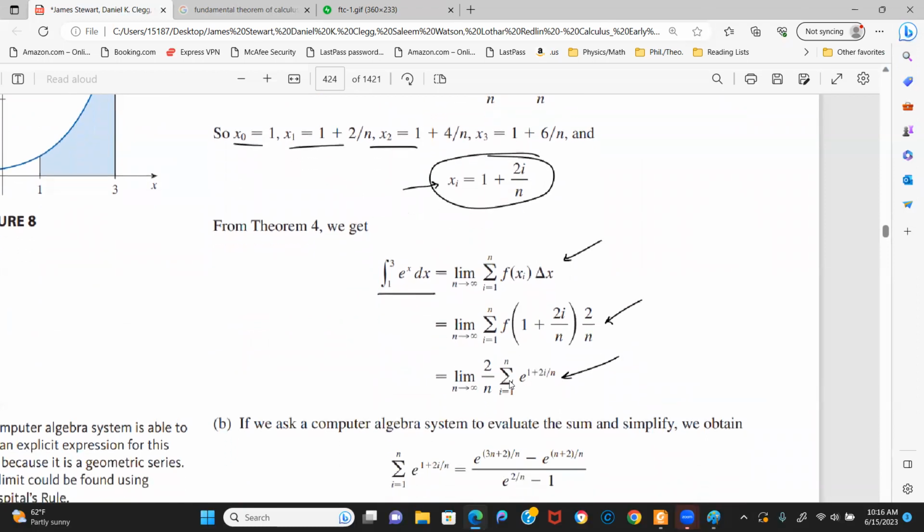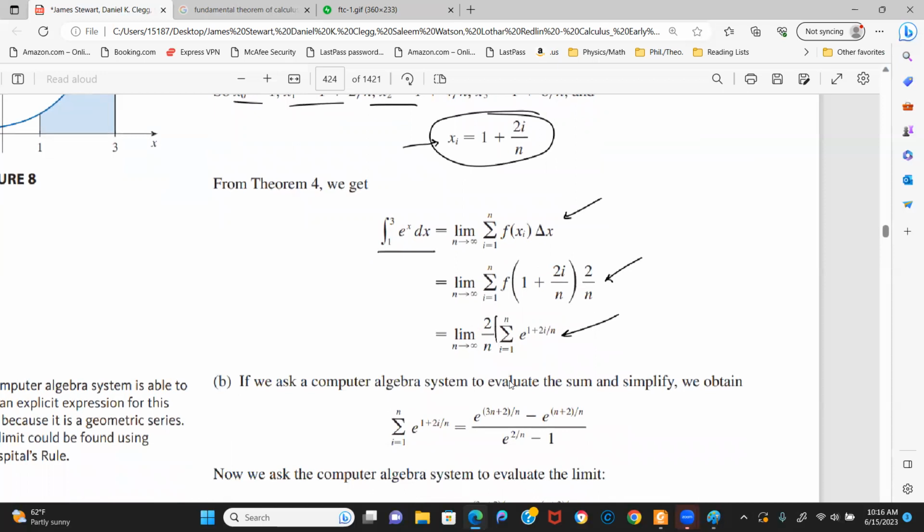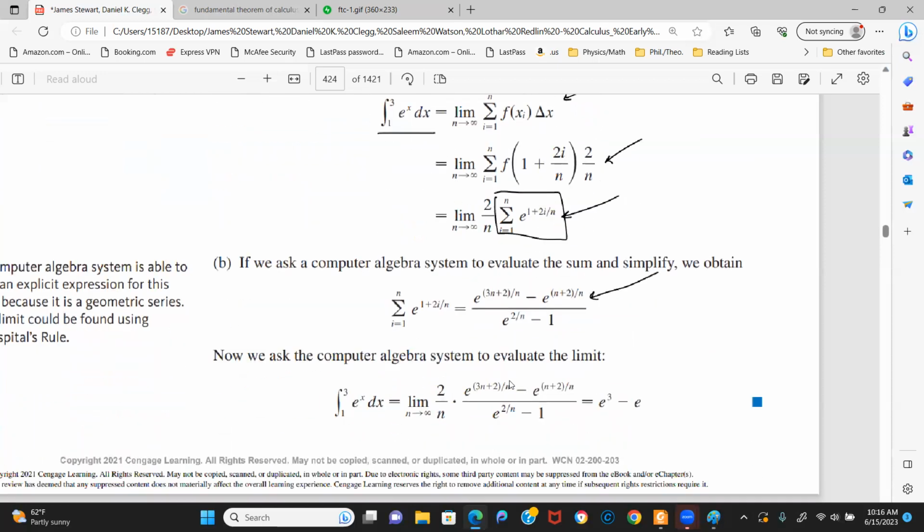And then you had to ask a computer algebra system to rewrite this horrible sum right here as this. And then the integral could be written as this limit right here, because you replace this sum by this thing right here. And then you had to ask the computer algebra system again to compute this limit, and it will end up being this.